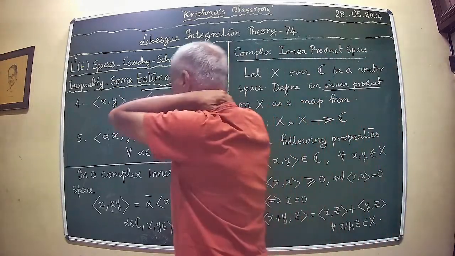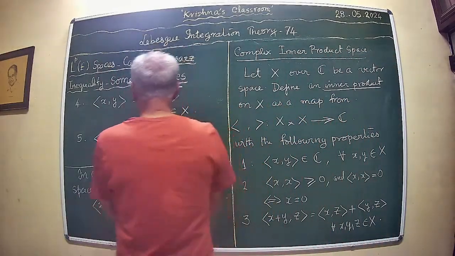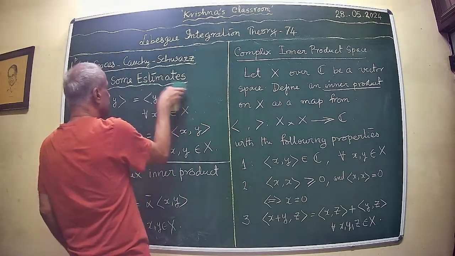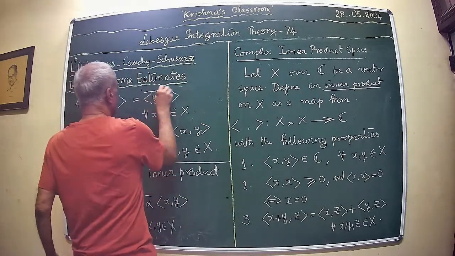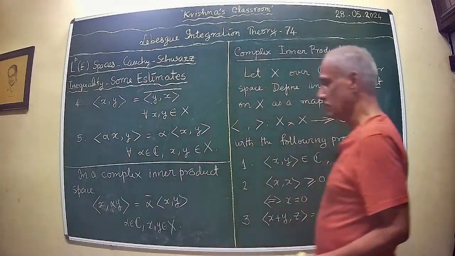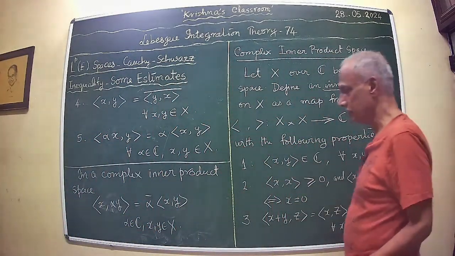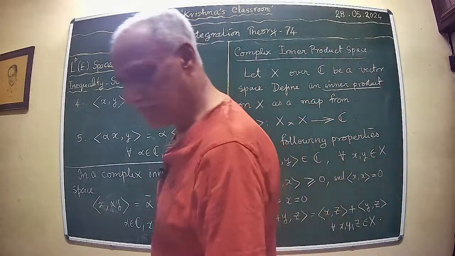Maybe I do this. Conjugate symmetry condition and this side. Okay. Consequently, what you have is this.